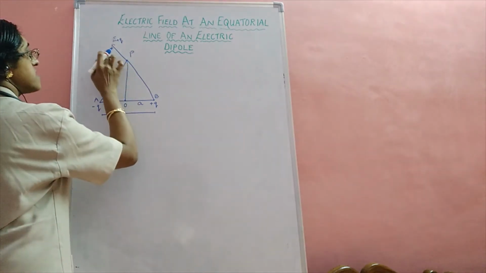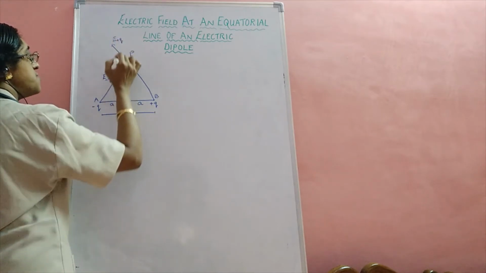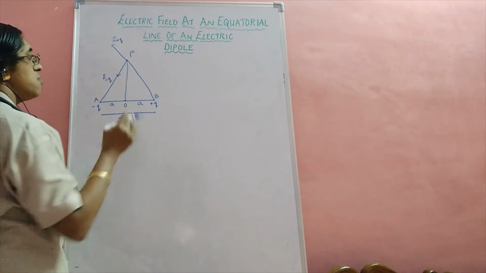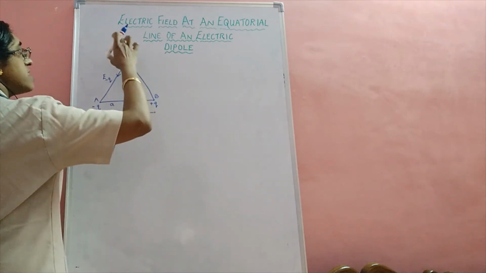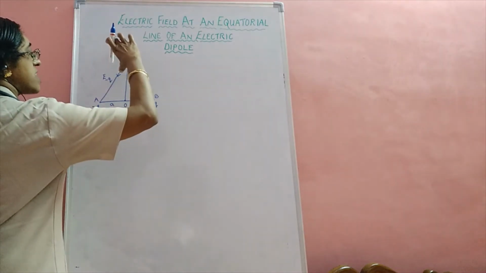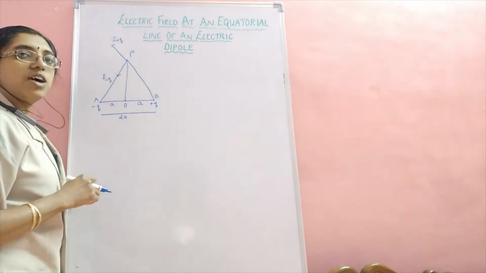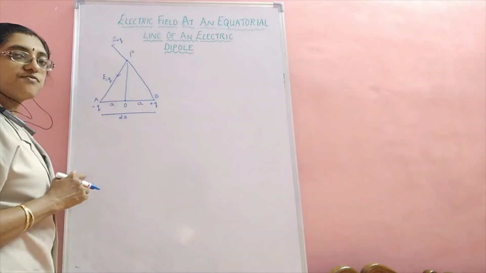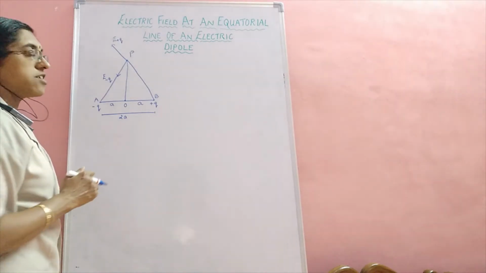Hence, the resultant field due to E plus Q and E minus Q would lie in between these two fields. These two fields act as the two adjacent sides of a parallelogram, hence we can find the resultant field by applying the parallelogram law.